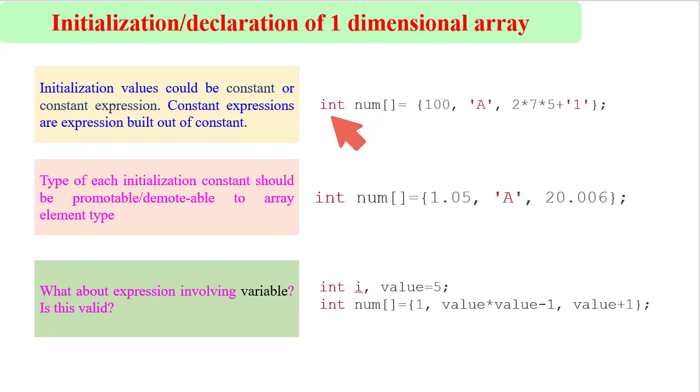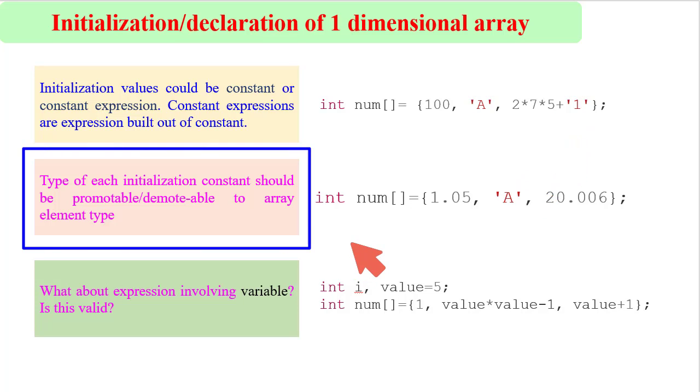The num array is integer type data. So in the first memory location 100 will be stored. In the next memory location, the value will be 65, which is the ASCII value of character A. The third is 70 plus the ASCII value of the character constant, which is 49. Ultimately the data in the third memory location will be 119.